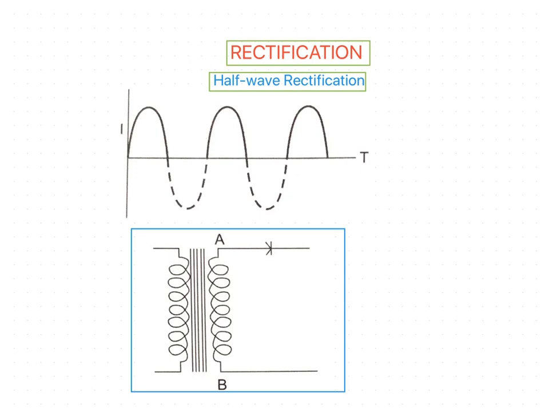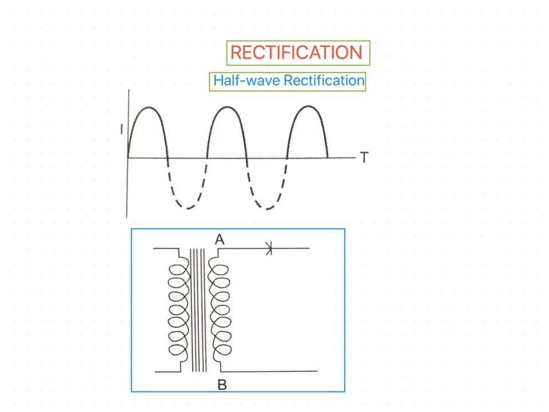These are the two conditions where the thermionic valve and the metal rectifier are used. In the thermionic valves we have studied both diode and triode valves, isn't it? Out of these two, only the diode valve is used as a rectifier, not the triode valve.